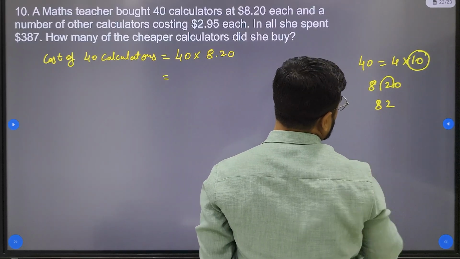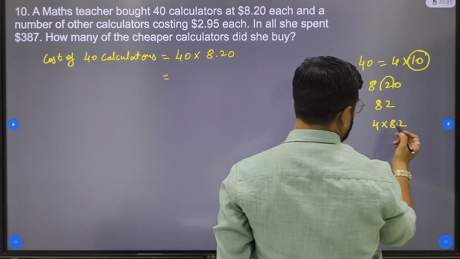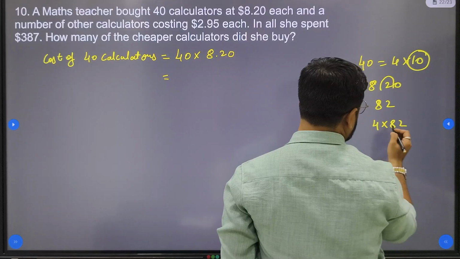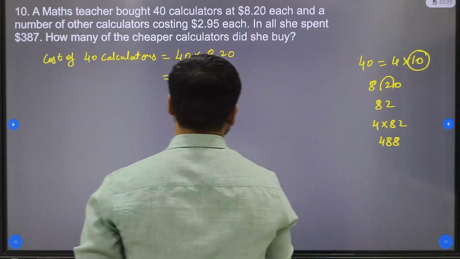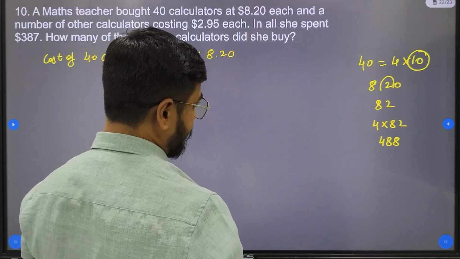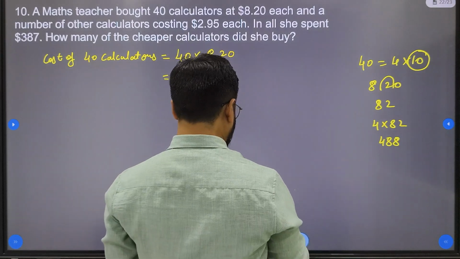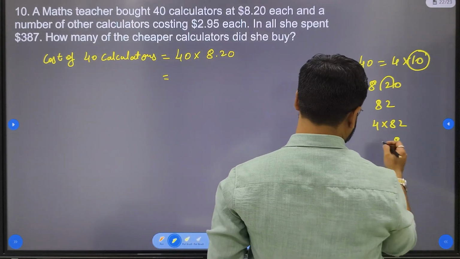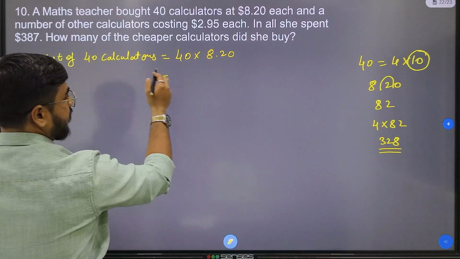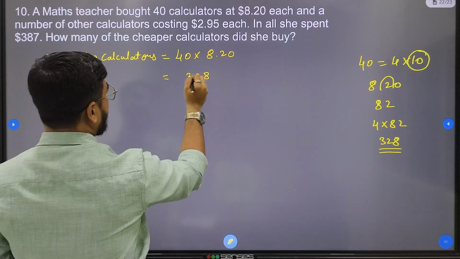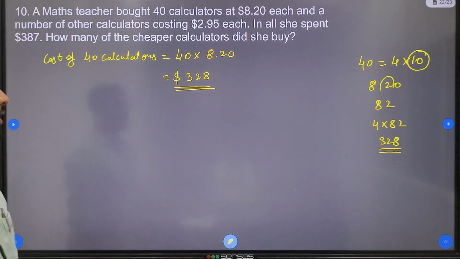So that will be 82. So we will be multiplying 4 into 82. 4 into 2 is 8. Sorry, 4 into 8 is 32. So she has spent $328 to buy 40 calculators.